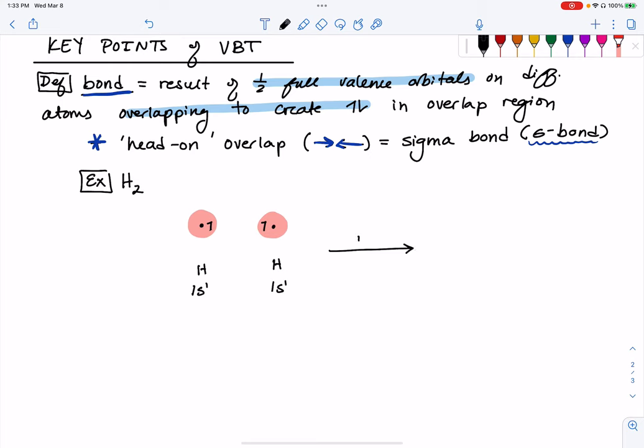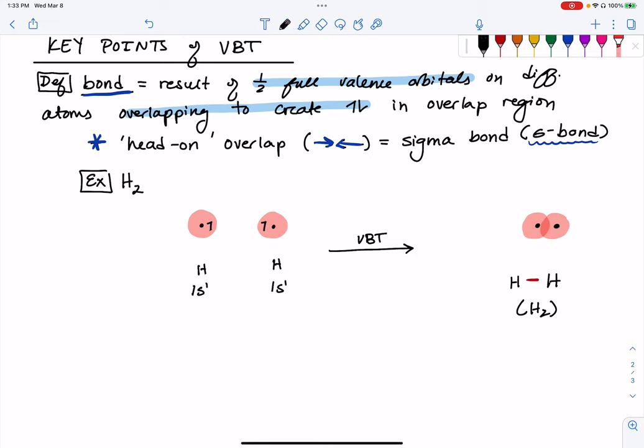So according to valence bond theory, what makes H2, which Lewis would draw as H-H, or H singly bound to another hydrogen, is we would have our two hydrogen atoms close together, but not so close that their nuclei repel one another, but close enough so that we have a region of orbital overlap.